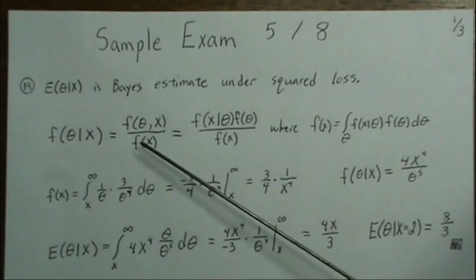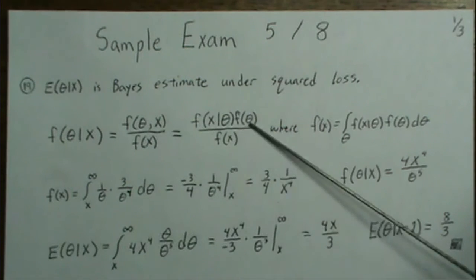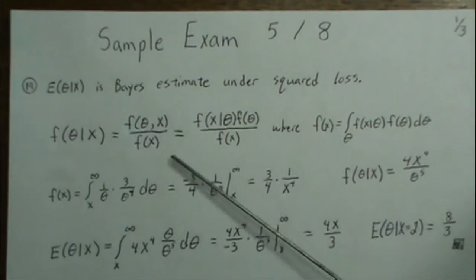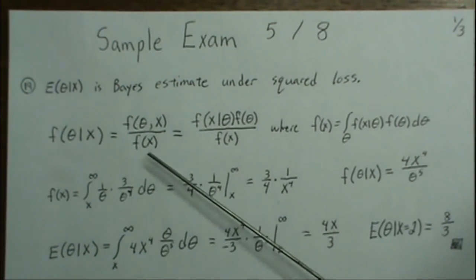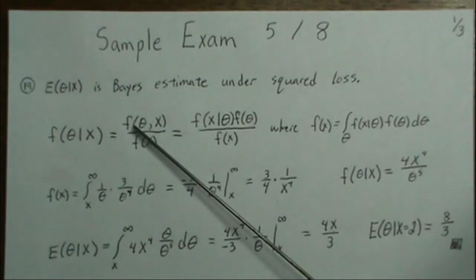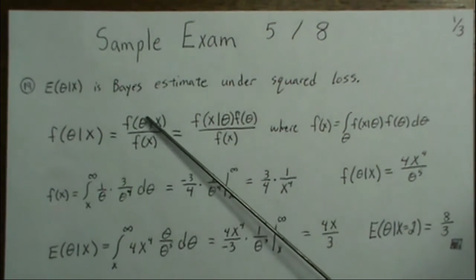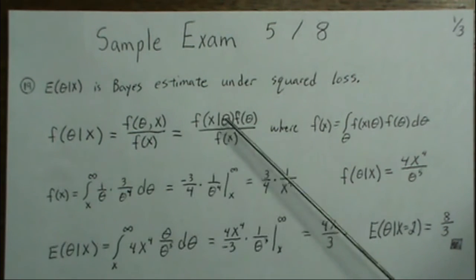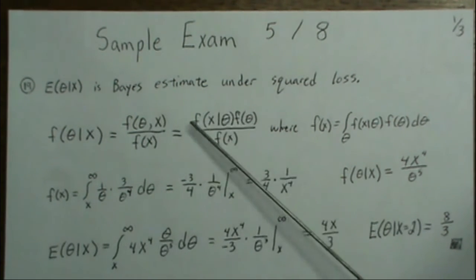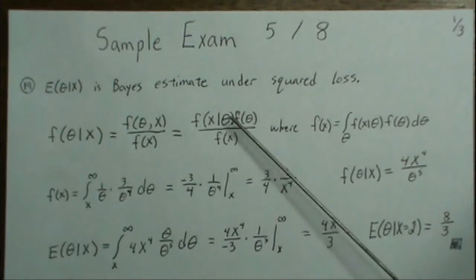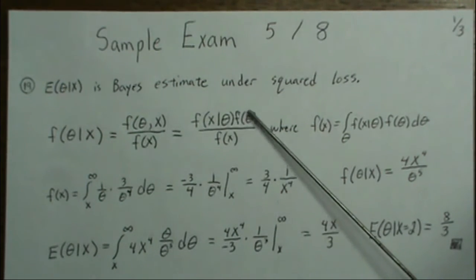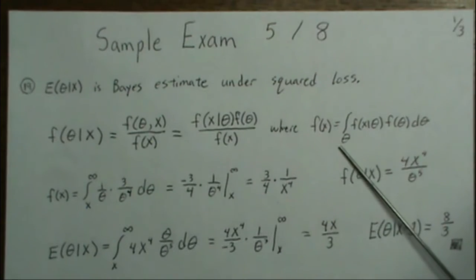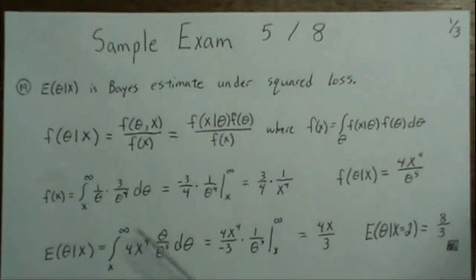So using Bayes' formula, you can rewrite it to this, and then the density of x is really this joint with theta integrated out. But we're given that this numerator is the same as this, and we're given these two densities. So we take this and then integrate out theta. So let's do that.